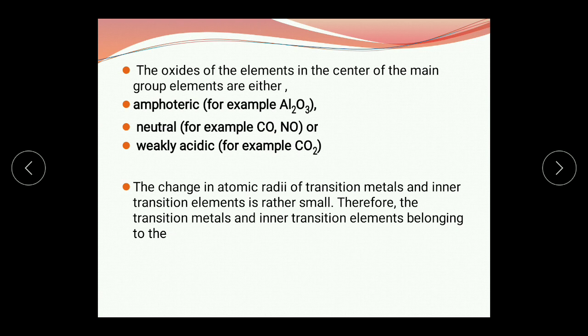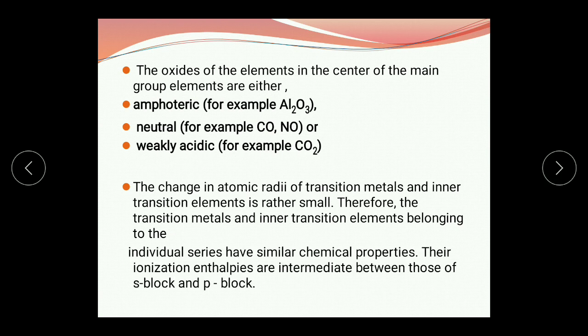If you consider the ionization enthalpies, those are also in between that of s block and p block. Hence the elements in the individual series show almost similar chemical properties. Understood? So, students, here is the end of the lesson, modern periodic table.